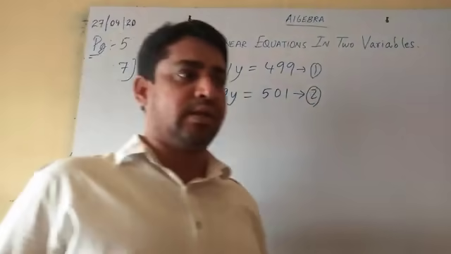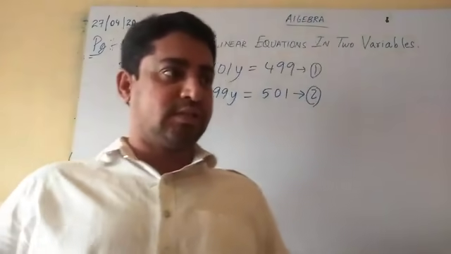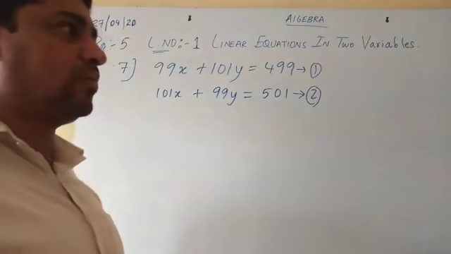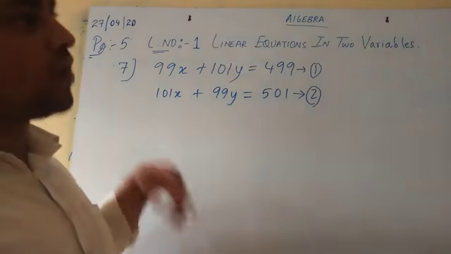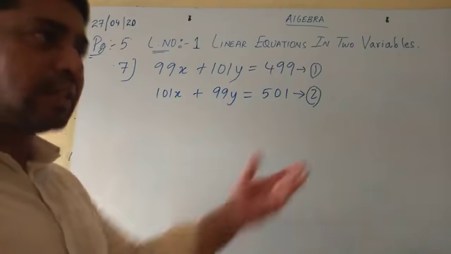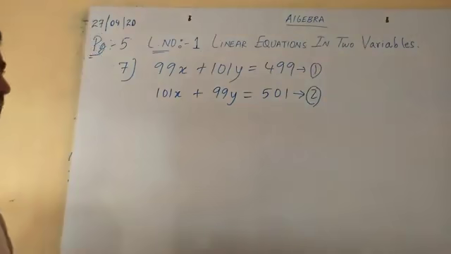Once I subtract, I will get equation number 4. Later on we will clear the suspense why we are adding and why we are subtracting. By adding, I am not getting the value of any variable here. While subtracting also I am not getting it, but I will get a new equation and that equation can be solved more easily. Is it clear? Let's start.